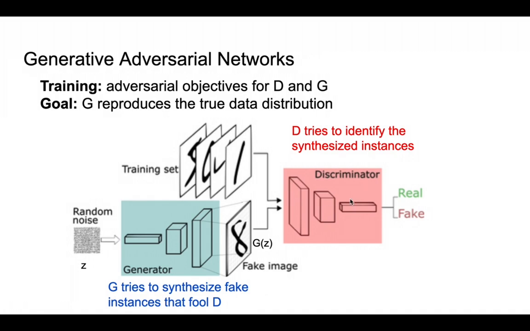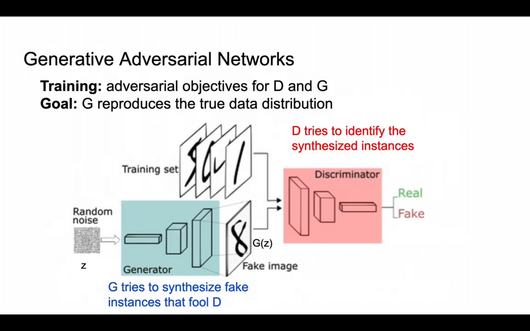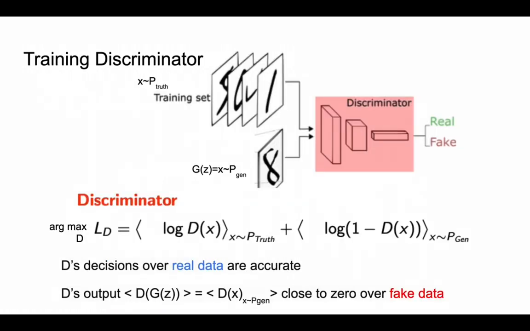synthesized instances. To implement a GAN, we can look at the loss function definition of the discriminator as the first step. The input of the discriminator is the true data set and the generated data set, or what we call fake data.